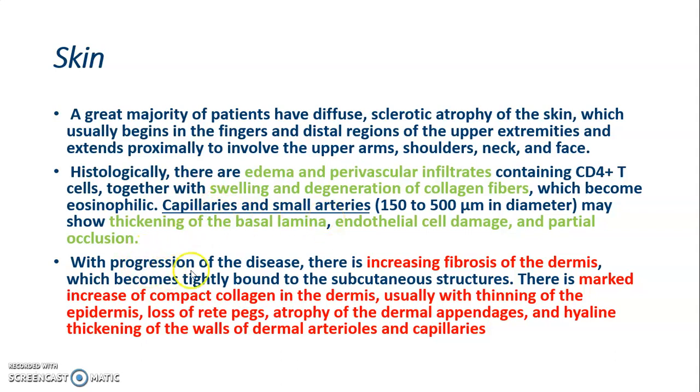With the progression of disease, there is increasing fibrosis of the dermis and marked increase of compact collagen in the dermis, thinning of the epidermis, loss of rete, and atrophy of the dermal appendages. There is hyaline thickening of the walls of dermal arterioles and capillaries.